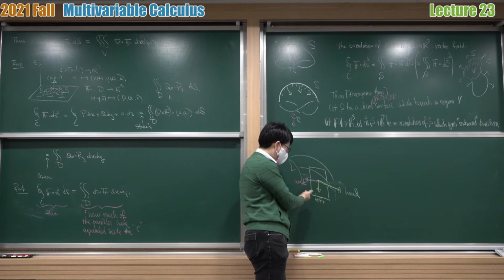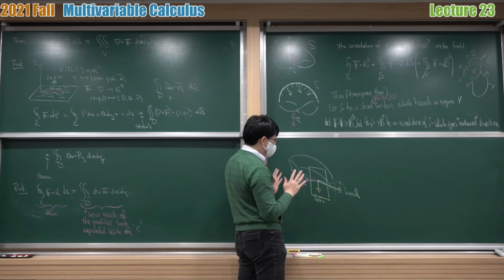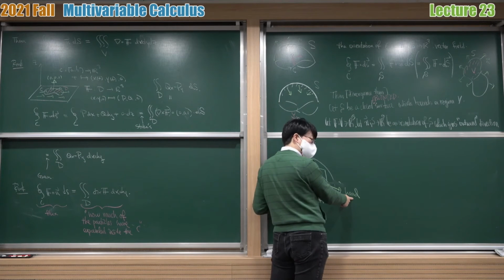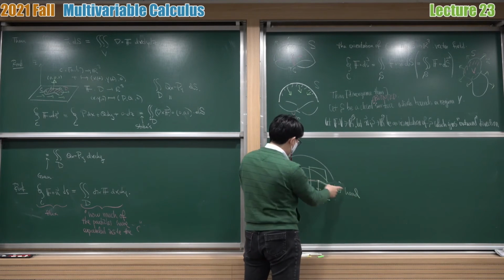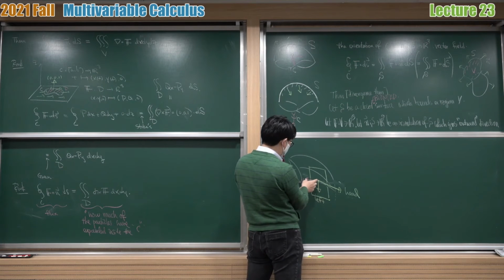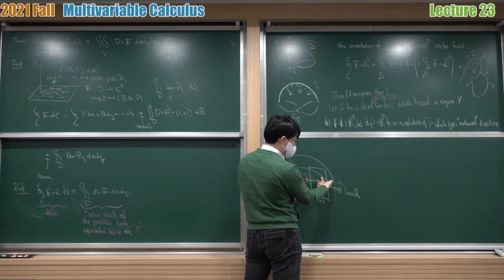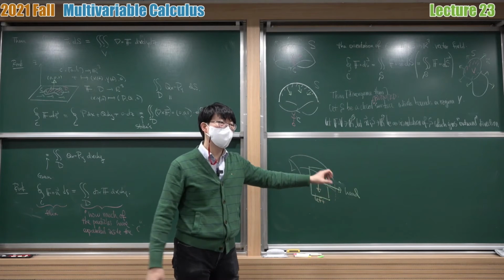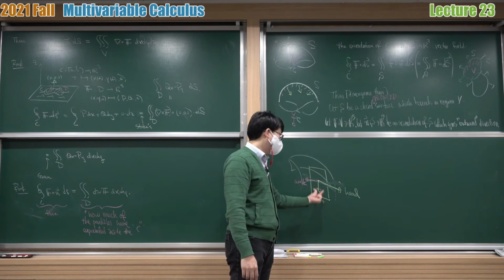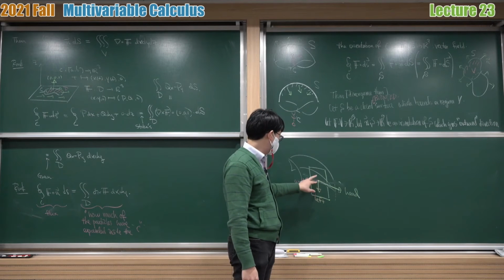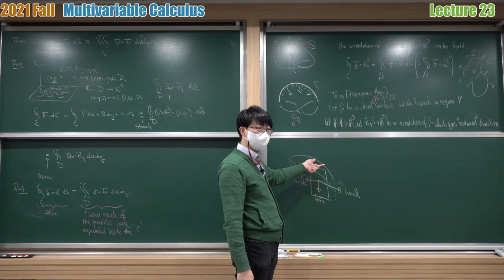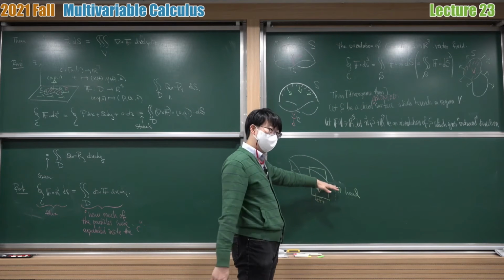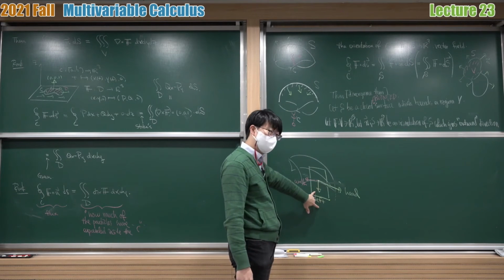So you have to decide one of these directions. If you fix your head direction, then you can decide whether the walk direction is this direction or that direction. But according to that direction, your left arm direction is fixed. So there's only one choice, whether your left arm is inside of S or outside of S. The walk direction is fixed according to the direction of your left arm.